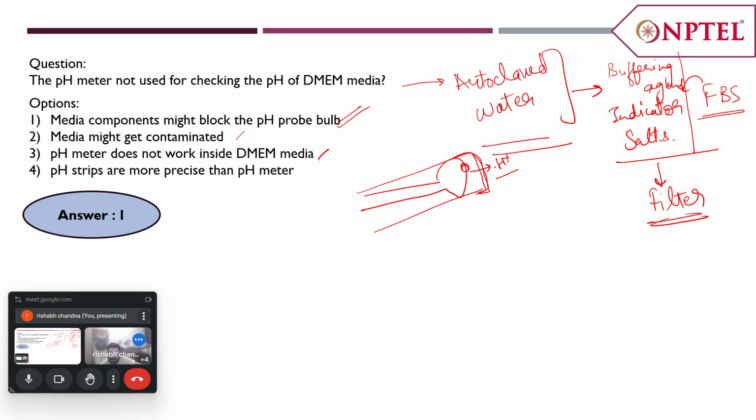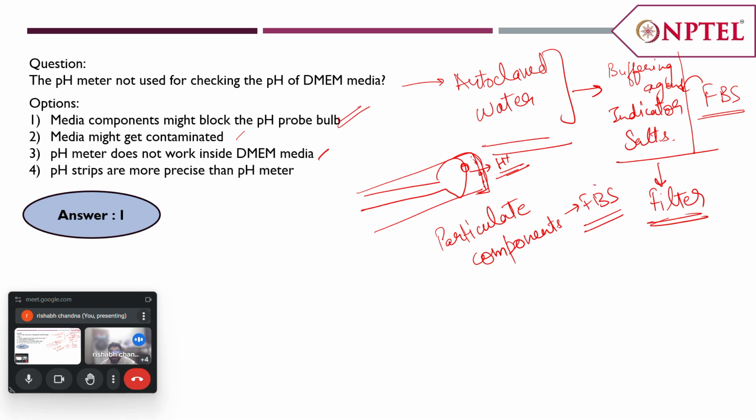Now, when we put this particular thing in a media that is basically a mammalian cell culture media, in that case, we have different particulate components like FBS. If you see that only small pores are present here so that the liquid containing the ions can go through it.